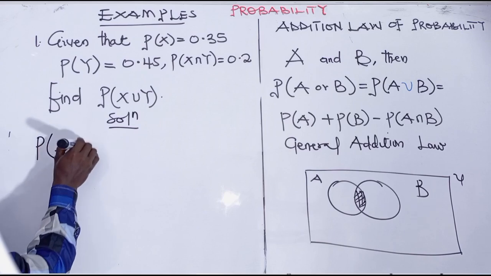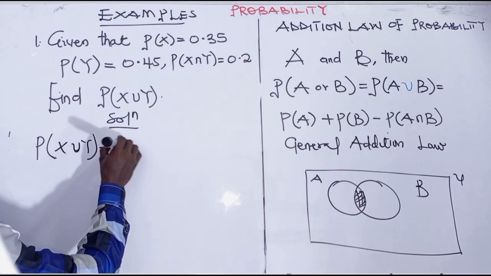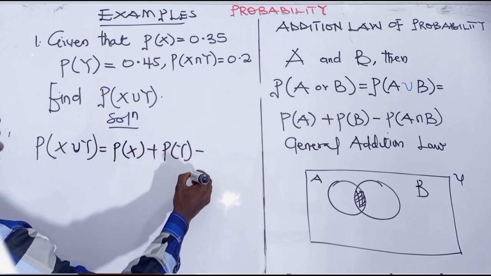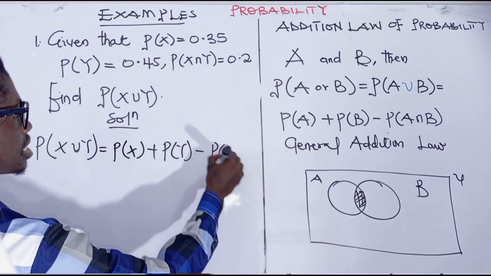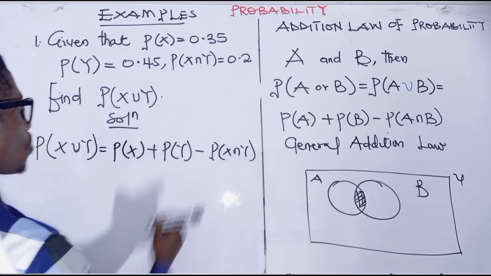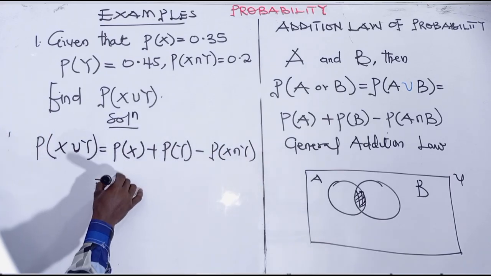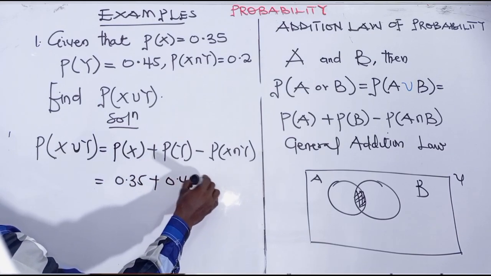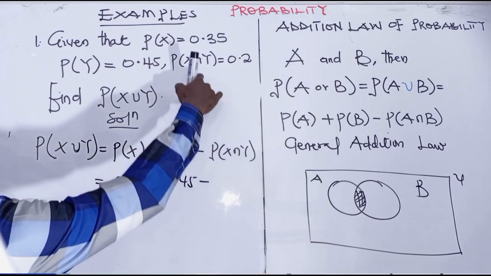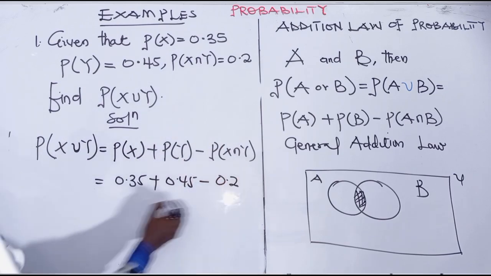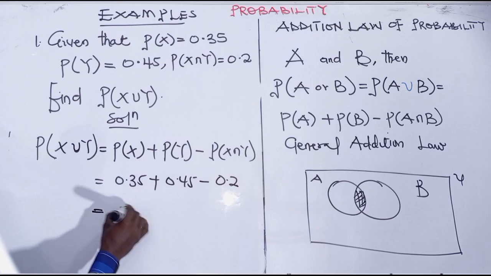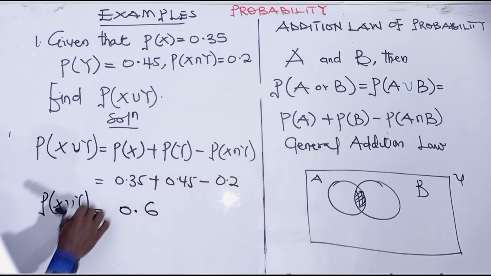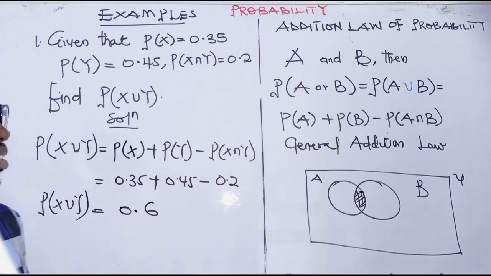The probability of X union Y is the probability of X plus the probability of Y minus the probability of X intersection Y. So P of X we have 0.35, P of Y we have 0.45, minus P of X intersection Y, since it is given, we have to make use of that. When you add all of this, you are going to get 0.6. So the probability of having X union Y is equal to 0.6. Let's look at another example.